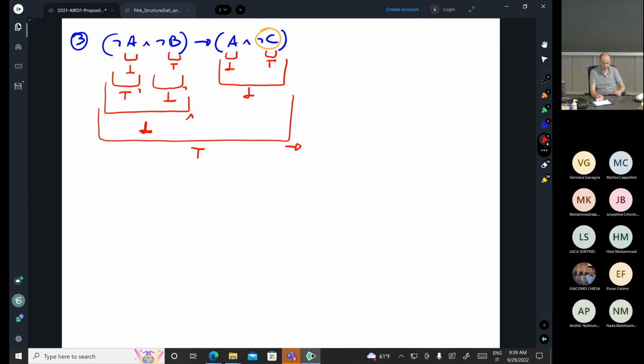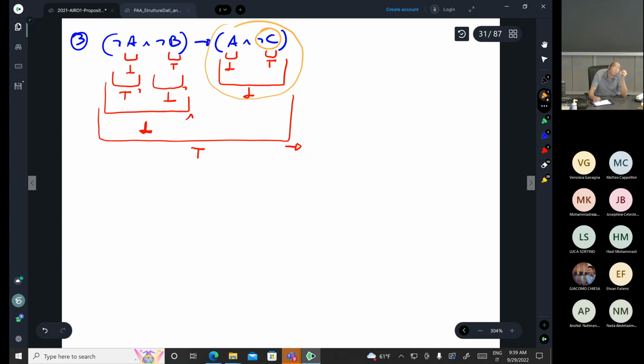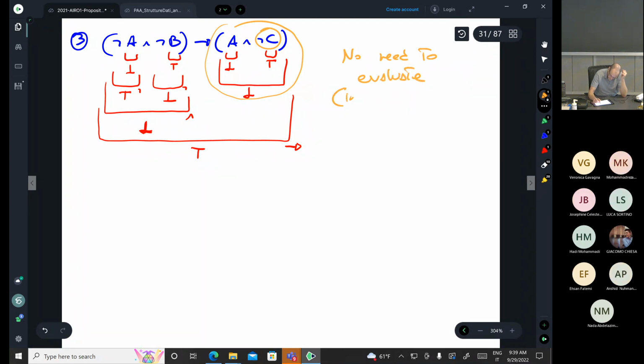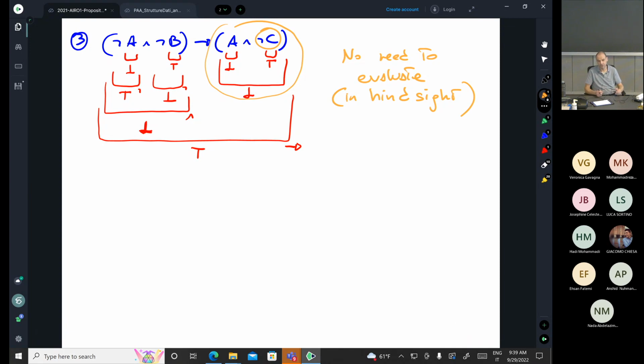And in fact, if we had started our evaluation from the first element, we could have spared us the evaluation of this. In hindsight, of course, you're always wise when looking back in the past, but sometimes you just don't know.